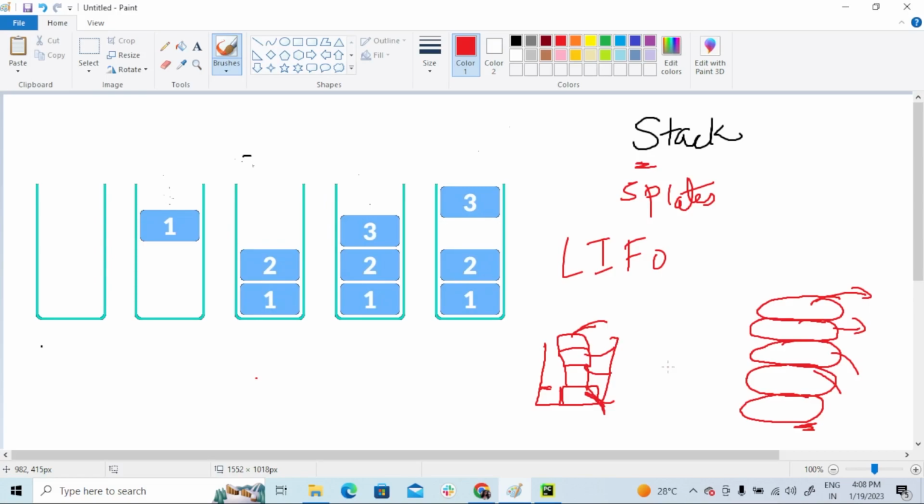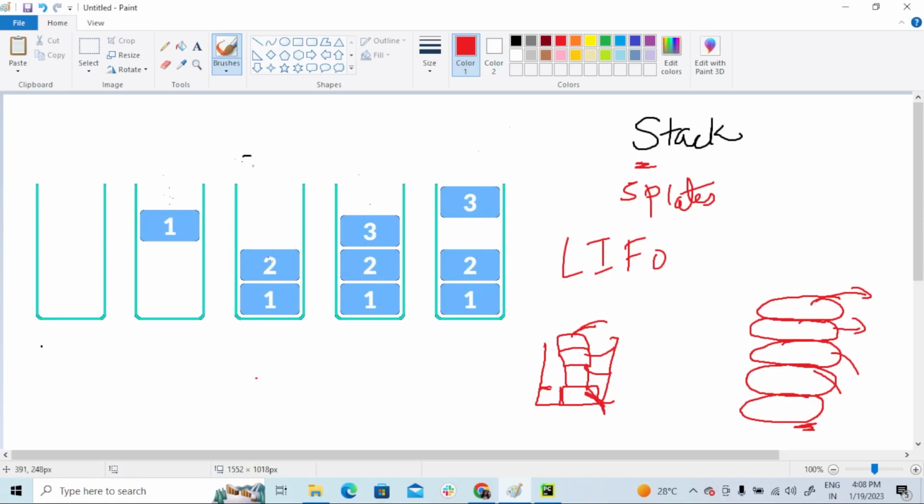Now, as I said, stack is a very important concept, and in programming terms, putting an item on top of the stack is called push, and removing an item is called pop.